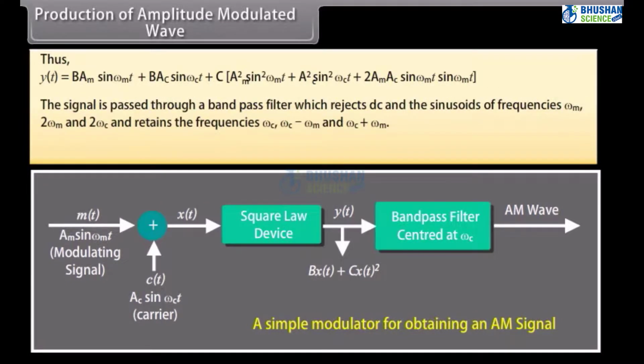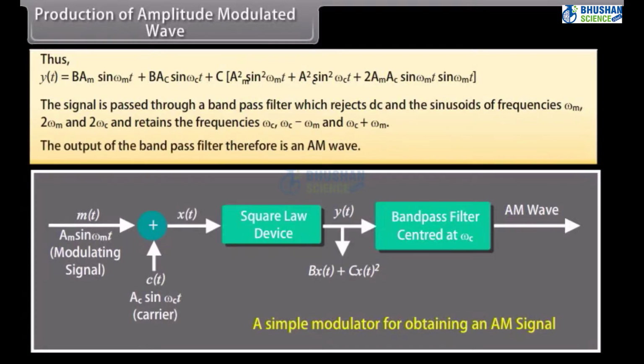The signal is passed through a band-pass filter which rejects DC and the sinusoids of frequencies ωm, 2ωm and 2ωc, and retains the frequencies ωc − ωm and ωc + ωm.